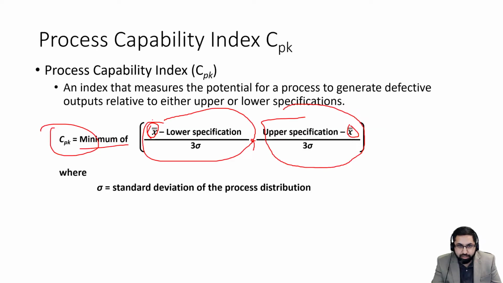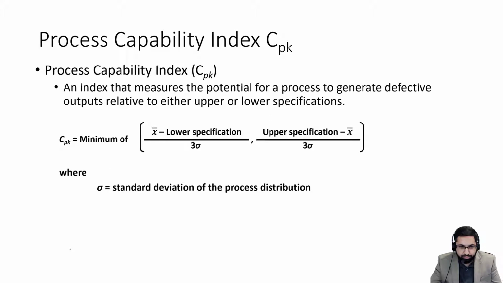So let me show you an illustration that will help you remember, or at least that's how I remember. CP and CPK. Imagine you have a garage, and you want to park your car in this garage.